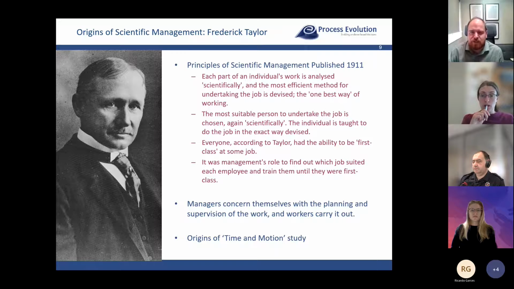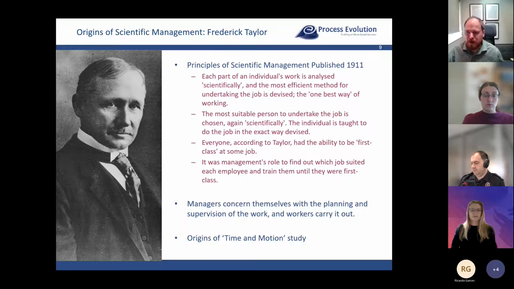It's a very old-fashioned view of the world, but within scientific management we pick up on this concept: can we forensically look at how people are working? Are there ways of improving how they work? If we were to look at 4 or 5 people doing the same thing, are there ways of improving the efficiency as we go through? So that's the origins of scientific management and time and motion study.